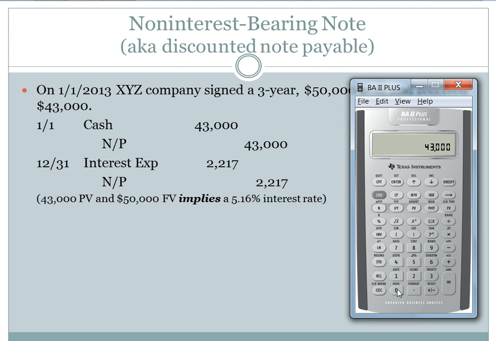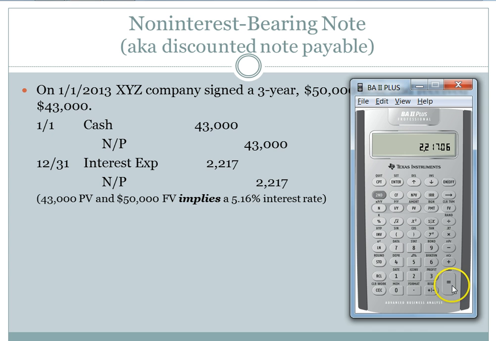So I'm taking my $43,000, that's the book value of the note, multiplying it by the appropriate interest rate, and then technically I would multiply that by the portion of a year for which the note has been outstanding. But in this particular case, the note has been outstanding for an entire year.